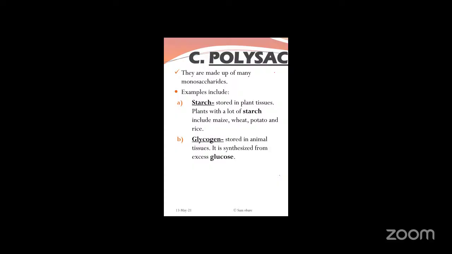So if you're consuming meat, the type of carbohydrate present in those tissues can only be glycogen. The type of carbohydrate you are consuming when you're consuming a plant product, especially the ones I have mentioned above, is starch.